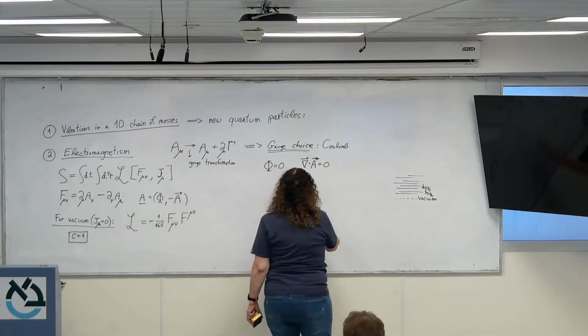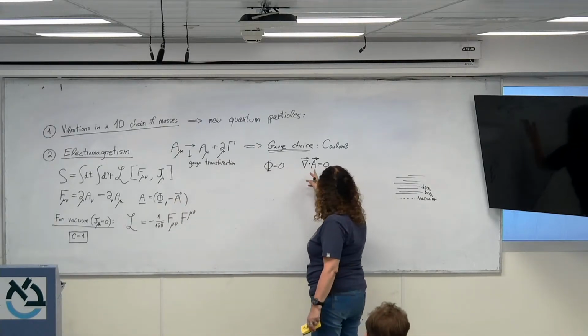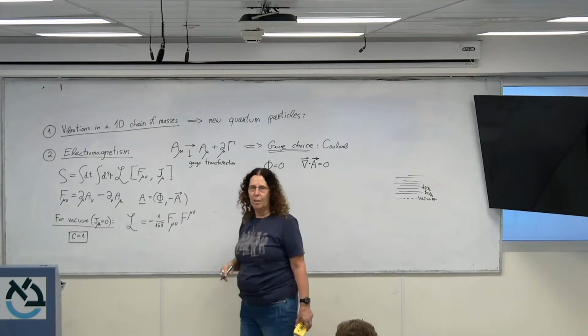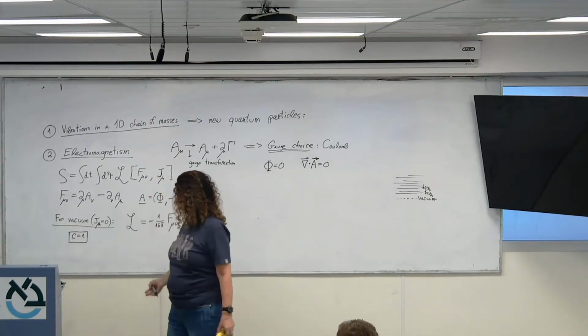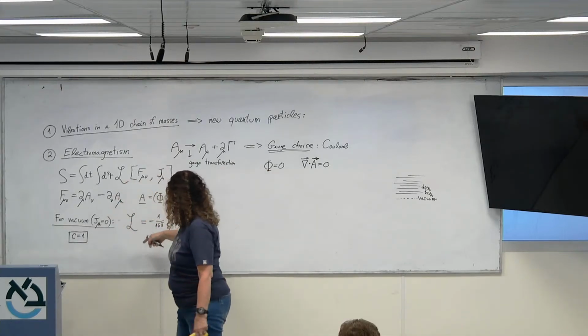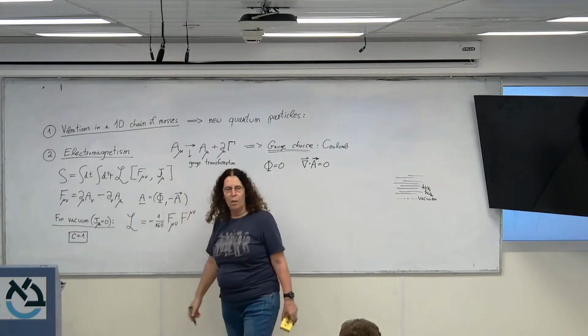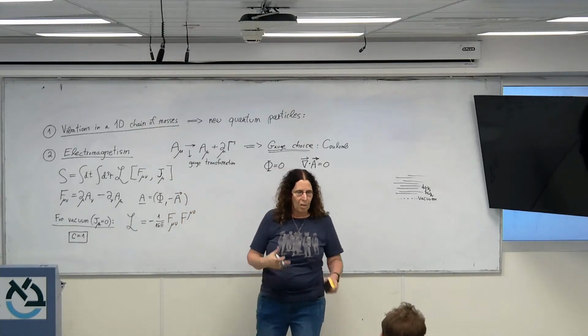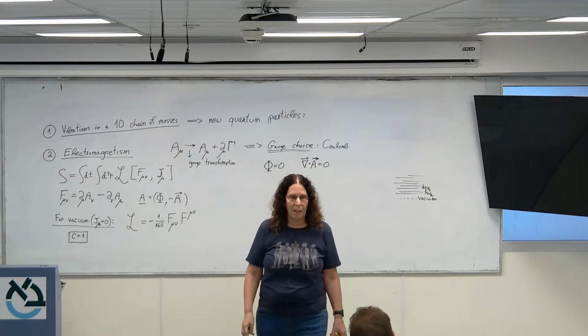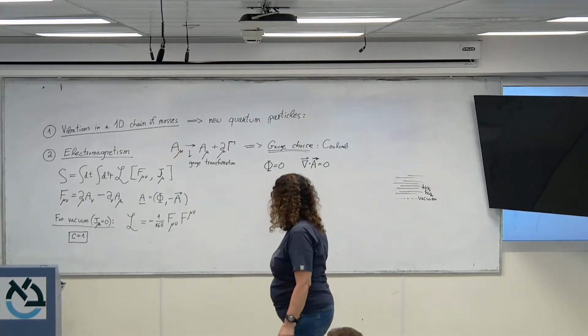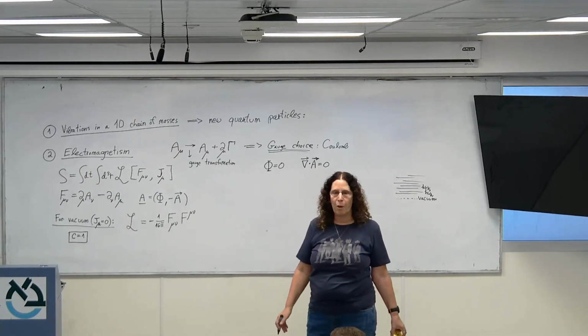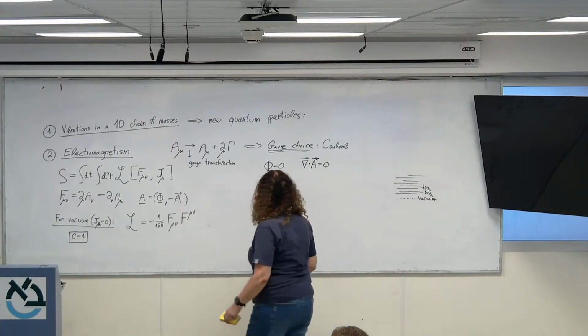Now, why is it useful? If you plug this constraint into the most general expression for the F mu nu term, you'd see that some terms are cancelling. I'm not going to do the algebra, but let me just write the result.